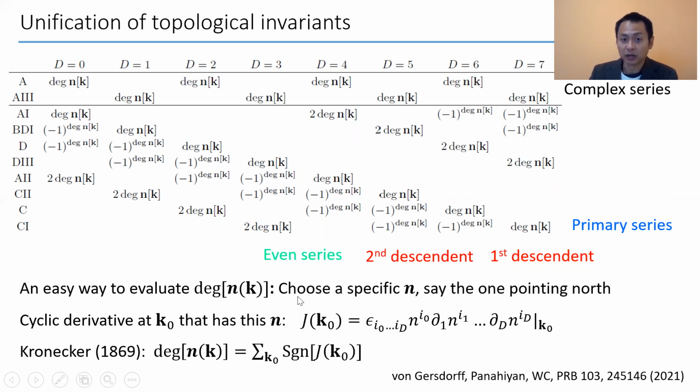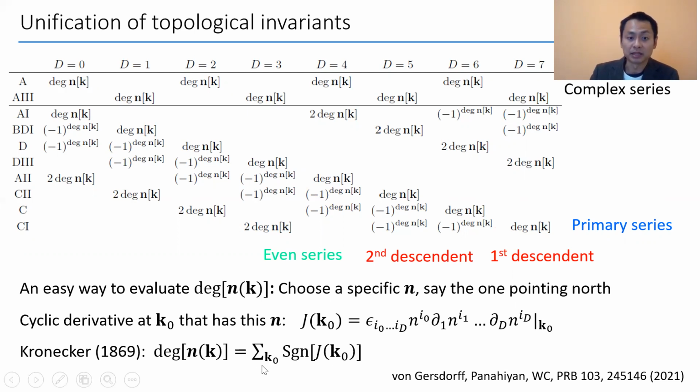The procedure is the following. You can choose whatever specific n vector, let's say the n vector that points to the North Pole. Then you take all the momenta that have this n vector pointing to the North Pole, and you calculate the cyclic derivative of this n vector at those momenta.